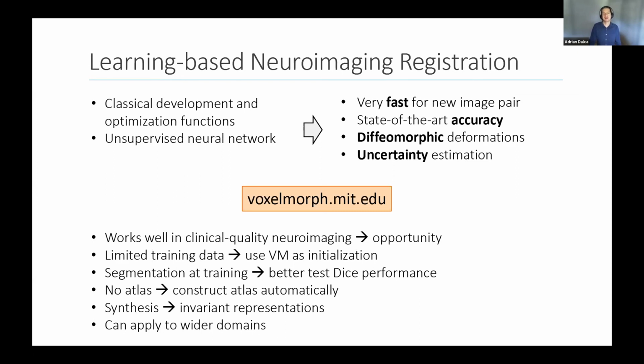There are classical methods that, at least in our experience, made it hard to register some of these subjects where you had really big changes and really thick slices. And somehow the deep learning methods seem to get past that and fail in fewer cases. So I think that's definitely a domain where it can make a difference.